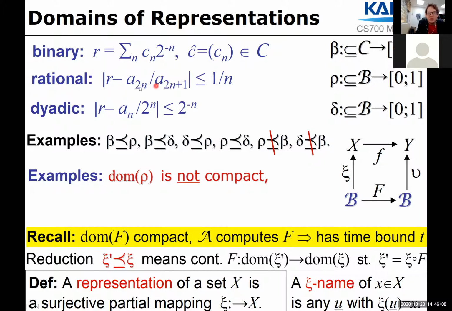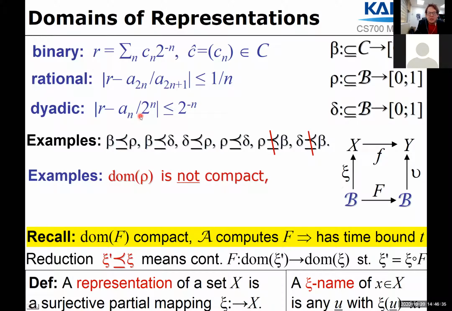That doesn't affect the approximation at all, but it does affect the name, namely the sequence a_n of integers, namely the element in Baire space. It becomes an unbounded sequence of Baire space elements, and therefore this cannot be compact.